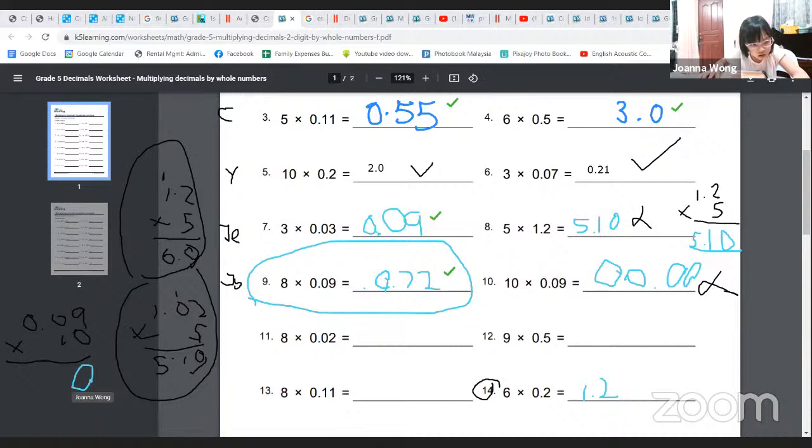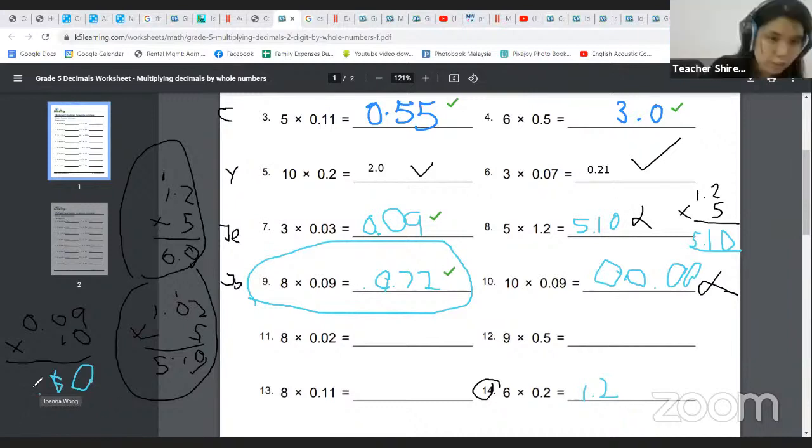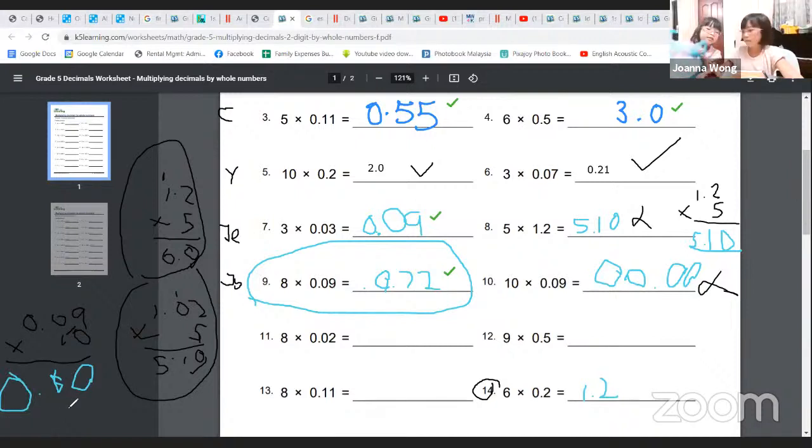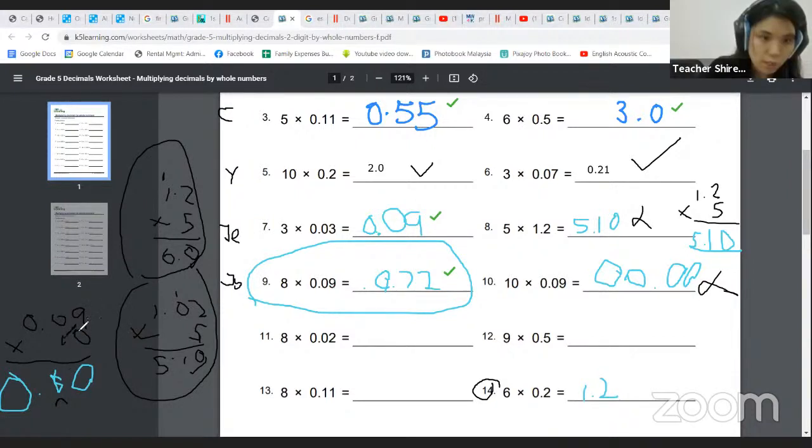Okay, all 0, 0, 0. Okay, now here. Then here, 1, 9, 9. Then 0, 0, 0, 0, 0 again, right? So, not enough space. Let me erase it.